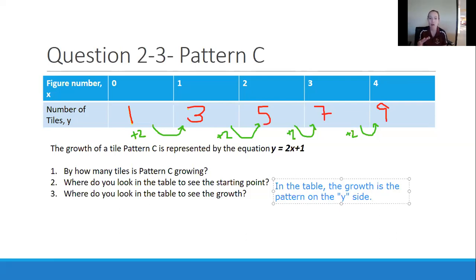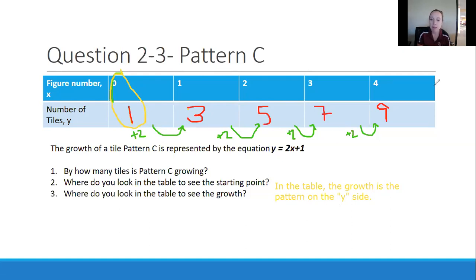How am I getting from one figure number to the other? Well, I'm adding 2, adding 2, adding 2. That's where you see the growth. So the starting point, and I'm going to remind you, starting point, it is a point. So right here is the starting point when x equals 0. So in the table, that's the important part. And then the pattern tells us that growth.